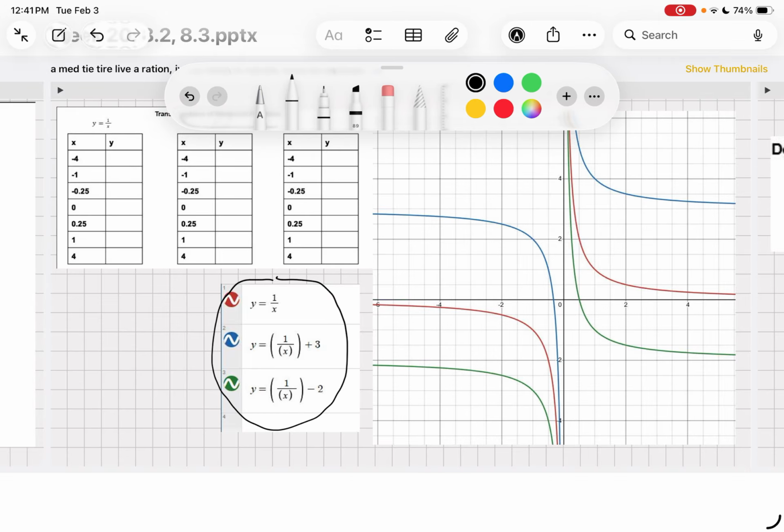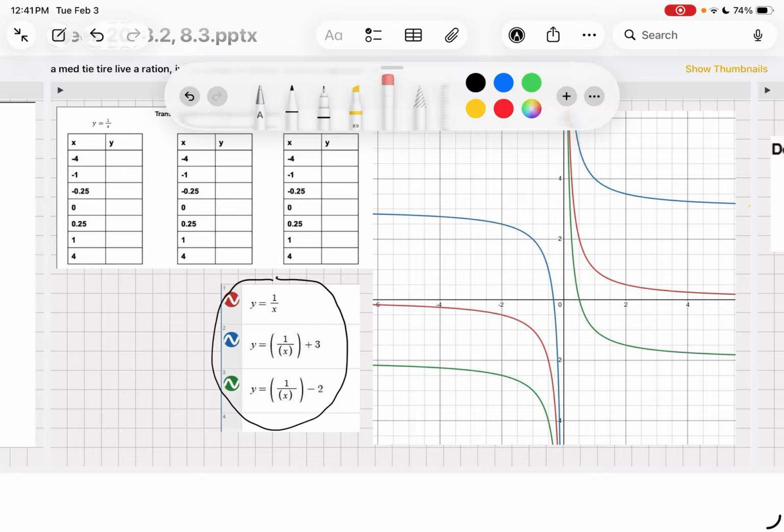Okay, I'm going to highlight this on the graph so you can see it. So this is 1 over x, okay? And then the blue function is 1 over x plus 3. So comparing that to the red, I can see that it moved up, okay? So if you think, all right, where is the asymptote on that blue function?